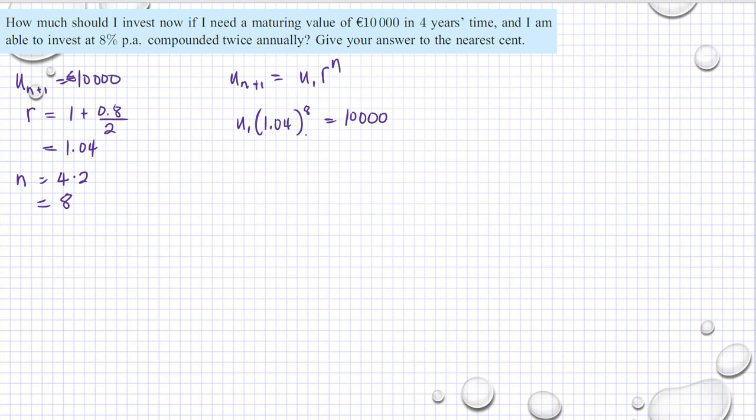So if we divide both sides of the equation by 1.04 raised to 8, this is now 1. So my u sub 1 is 10,000 divided by 1.04 raised to 8. Then I need to have 7,306.90 euro.